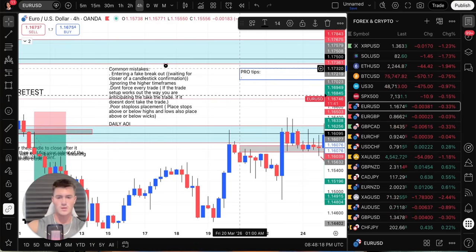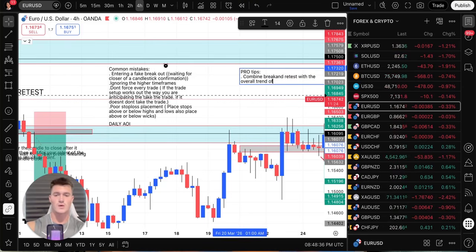One being, combine break and retest with the overall trend of the market. So if the market's bearish, you want your break and retest to be bearish. If the market's bullish, you want your break and your retest to be bullish.